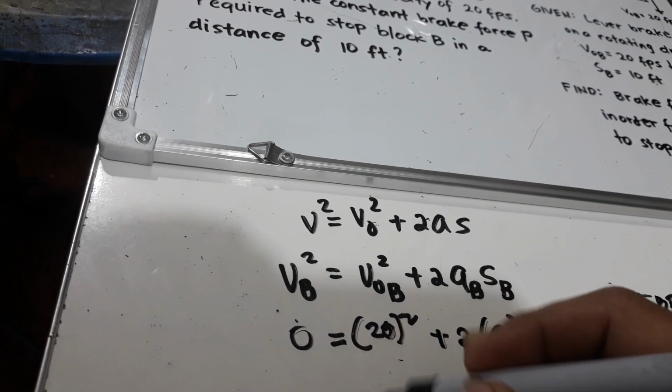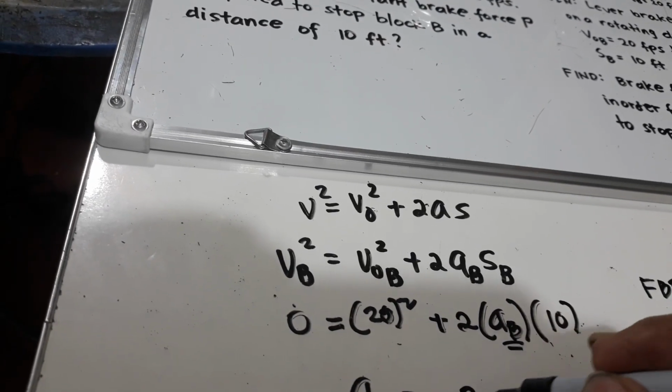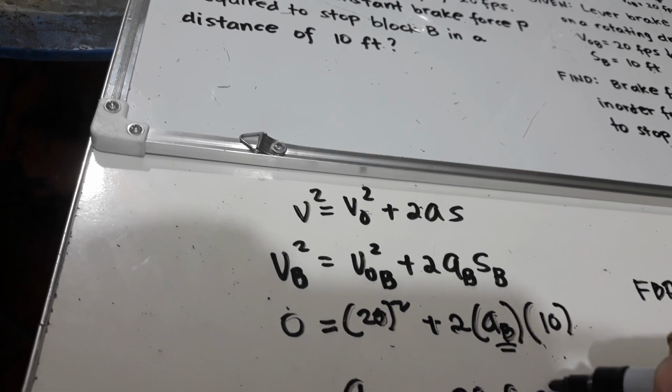Computing, the acceleration of block B is negative 20 feet per second squared.